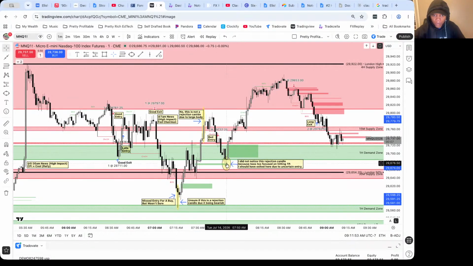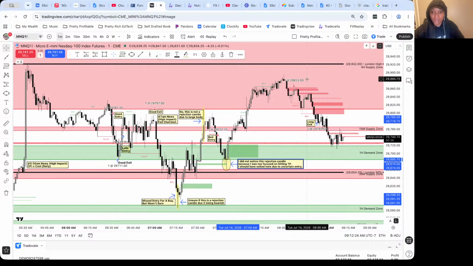And then I did not notice this rejection candle because I was too focused on hitting TP. I should have exited here due to uncertain entry. All right.